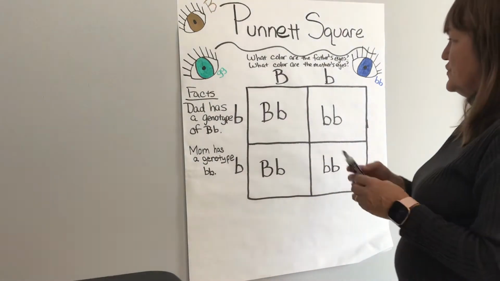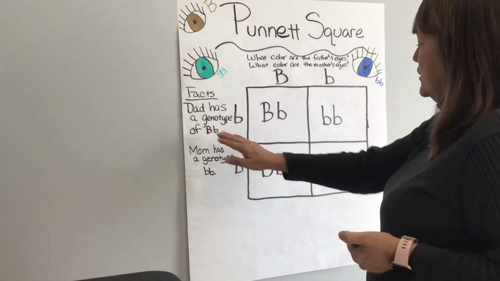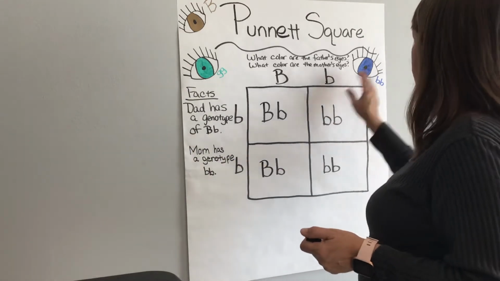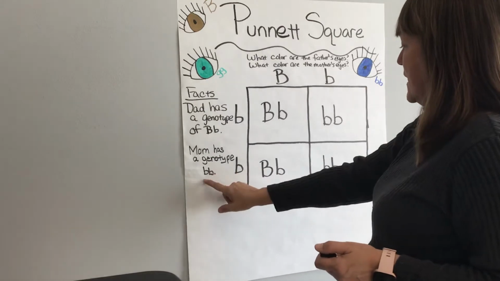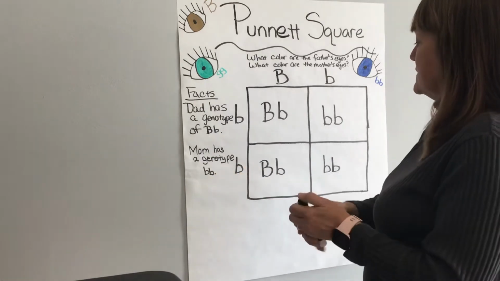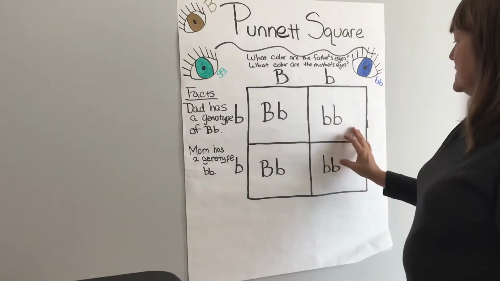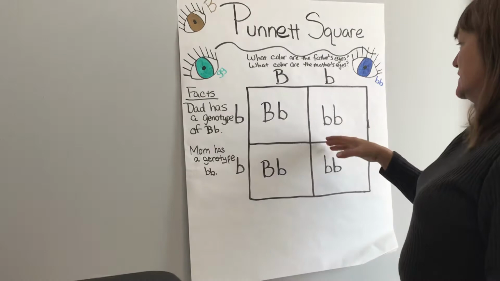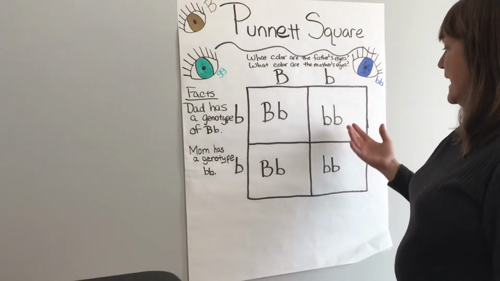Okay, so we know that the dad's eyes are brown, and we know his genotype, and we know that the mom's eyes are blue, the phenotype, right? And her genotype is recessive b, recessive b. So based on this, if the question was, what are the chances of their offspring having brown eyes?